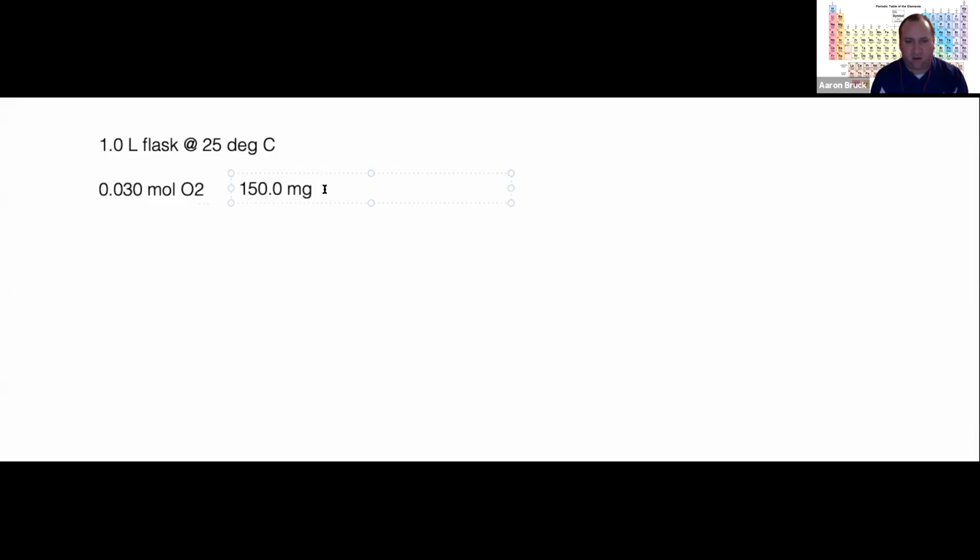We have 150 milligrams of nitrogen. And we have 2.6 times 10 to the 21st molecules of carbon dioxide. What we want to know is the partial pressure and mole fraction of each.